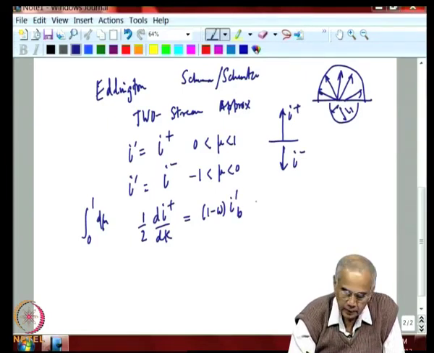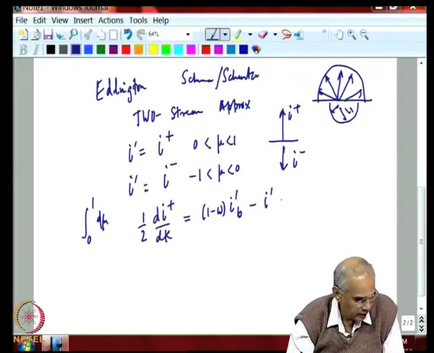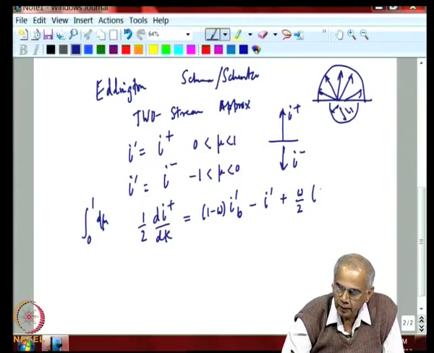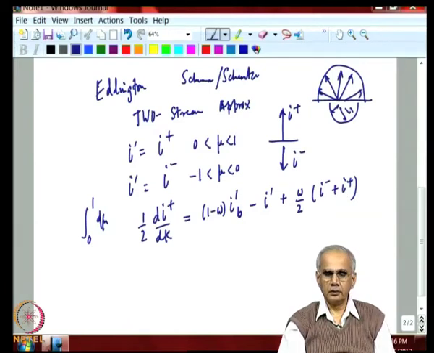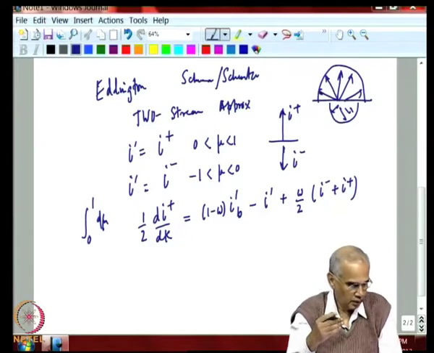The third term again will not change because it is independent of angle, and the last term, because it is constant with mu, will become I minus plus I plus. Okay. So, this is for the upward region.